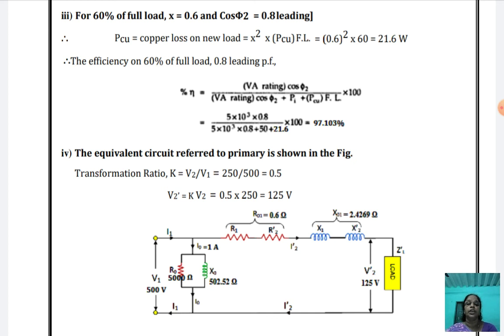Carefully put it here, don't use the formula V2 divided by K. It is K into V2 only, because the primary side is high voltage and the secondary side is low voltage. This is a step down transformer. For a step down transformer, K into V2. For a step up transformer, it is V2 by K only.